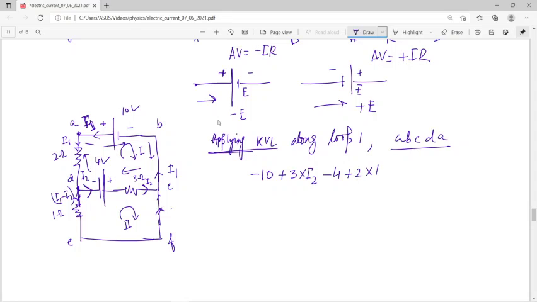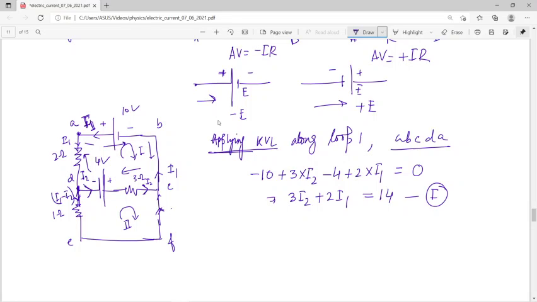So 2 into I1 is equal to 0. So from that particular diagram, you can write 3 I2 plus 2 I1 equals 14. In some books, if taken in reverse, then the equations will come differently.